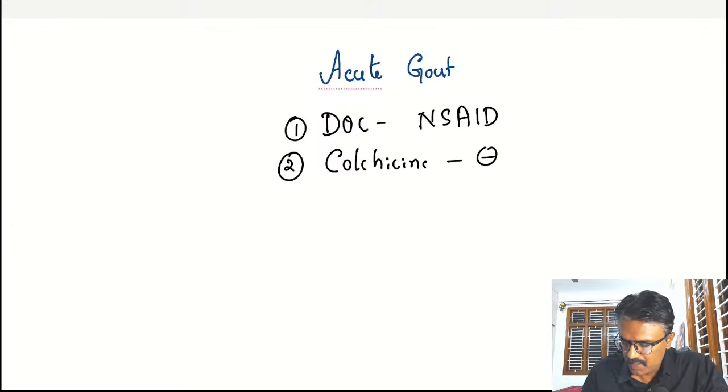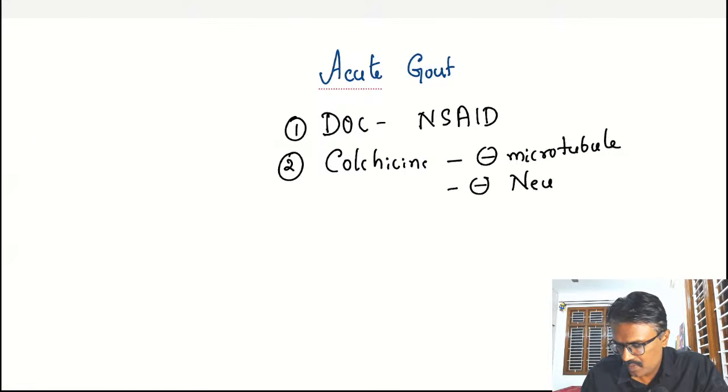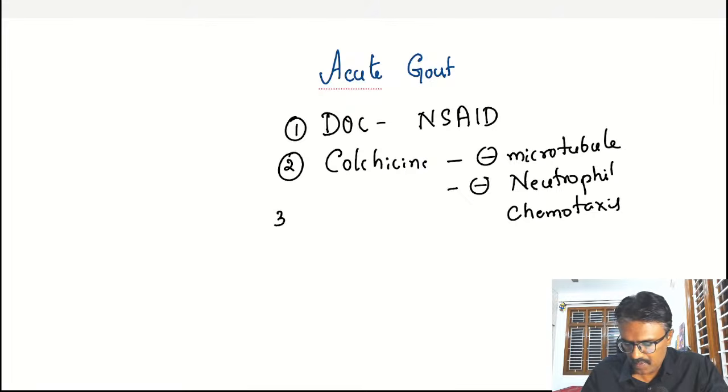It inhibits microtubule polymerization. Not only that, it inhibits neutrophil chemotaxis. And the third drug we use is steroids in acute gout.